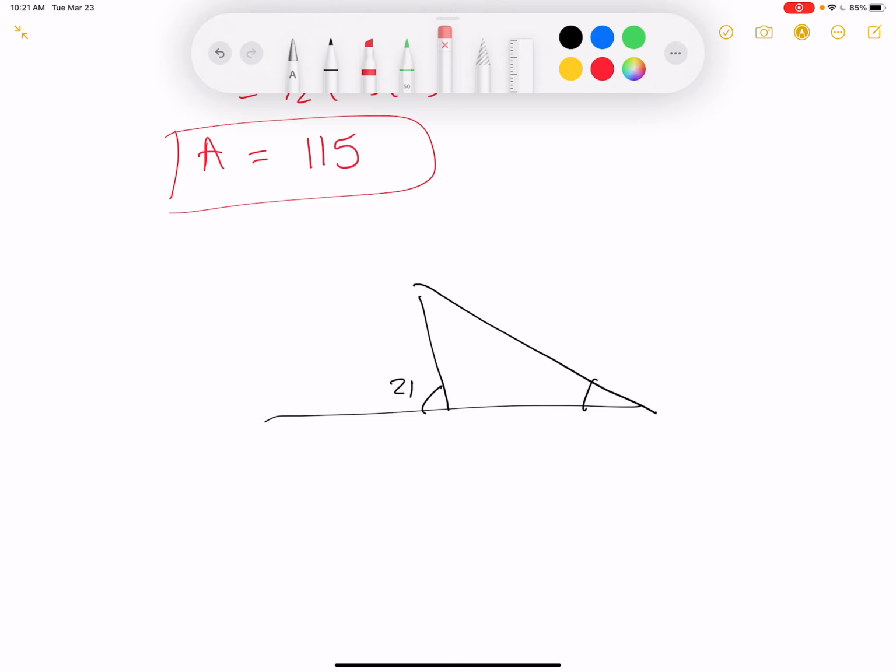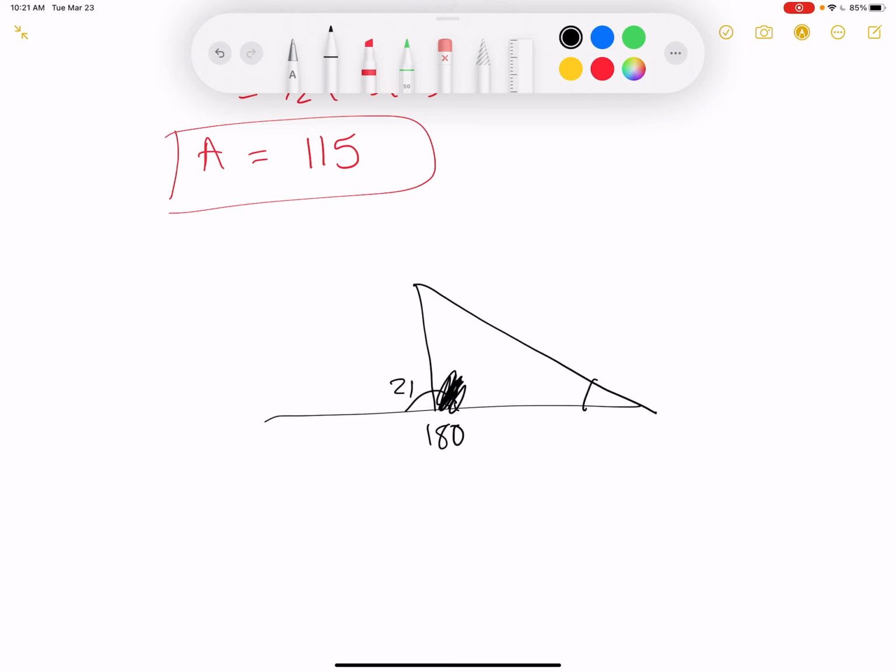Yesterday we were doing a problem and we used reference angles instead of subtracting. Well, it's still the same thing. These two right here add up to 180, but this angle is not relevant for what we're doing.